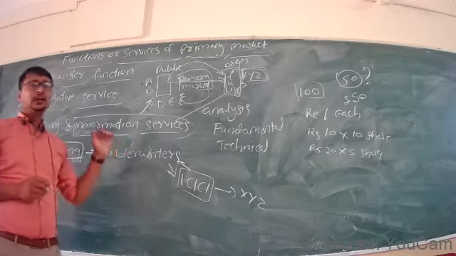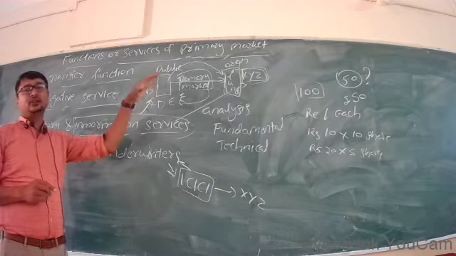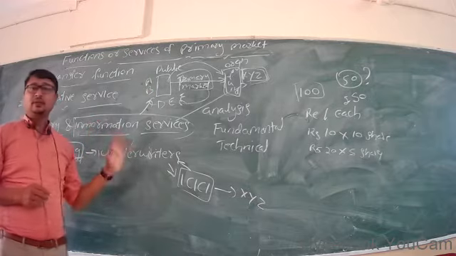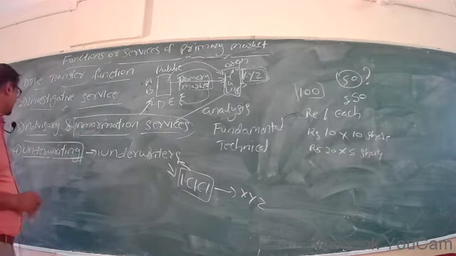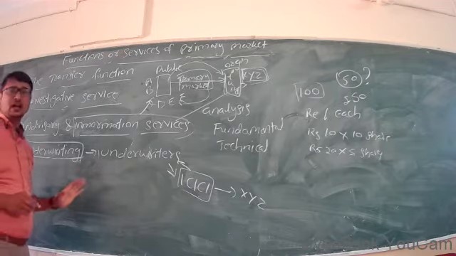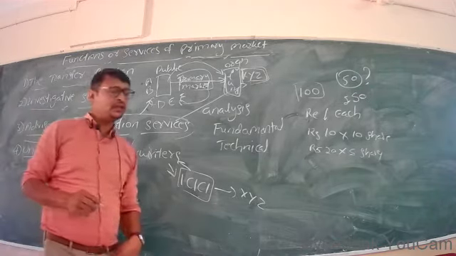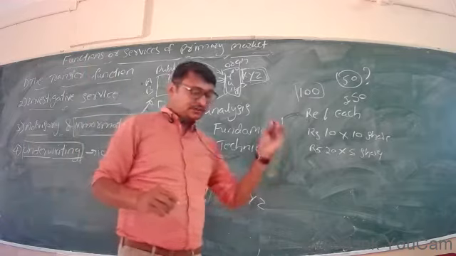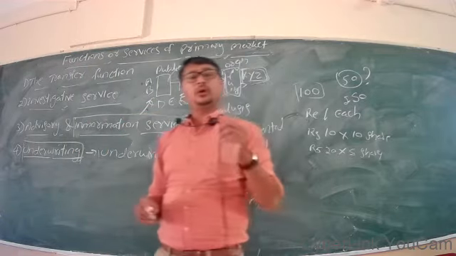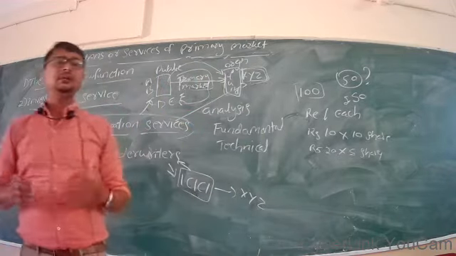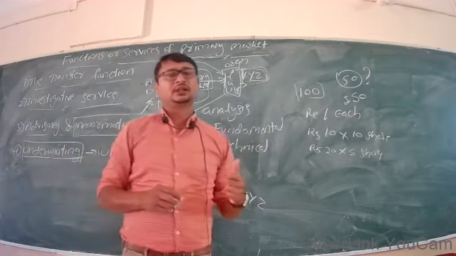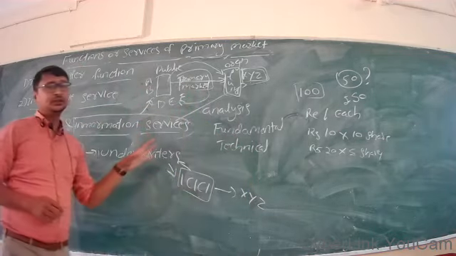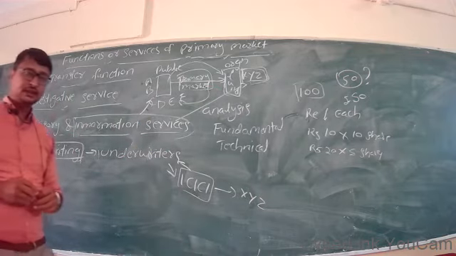It provides all the information whenever an investor requires it. Then it facilitates underwriting. Underwriters are those persons who agree to subscribe the shares unsubscribed by the general public. These are all the points you need to remember from the exam point of view.